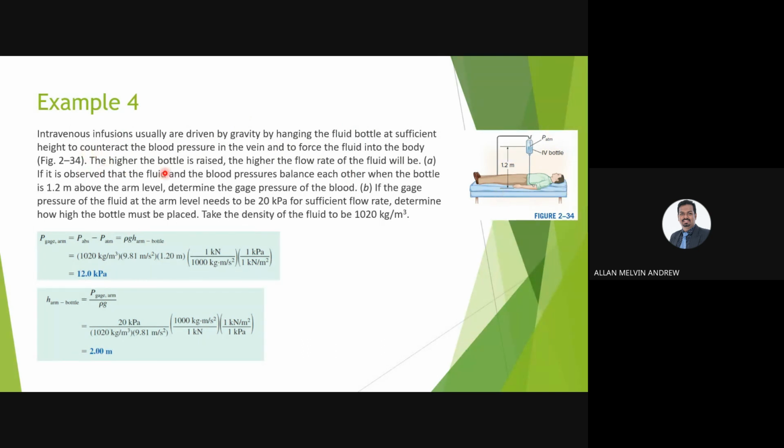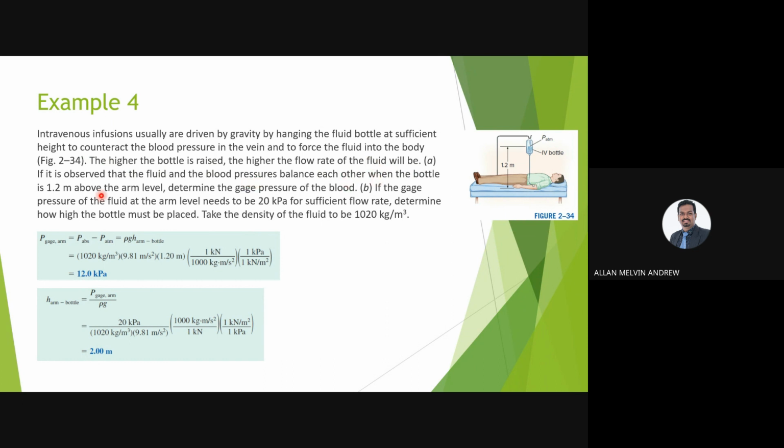The higher the bottle is raised, the higher the flow rate of the fluid will be. So when you fix the bottle, it must be at a certain height. It cannot be too high or too low, because it will have a different effect.